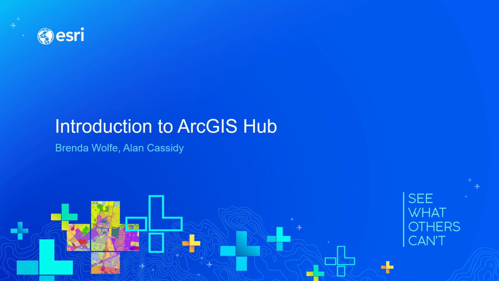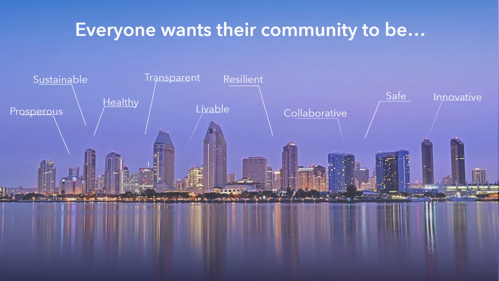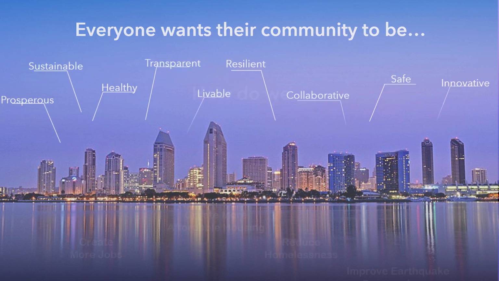So welcome. Just to start off, the impetus behind ArcGIS Hub is very aspirational and inspirational. It starts with the smart communities or smart cities idea, where everyone wants their community to be better, safer, healthier, more vibrant. And then how do you get there?